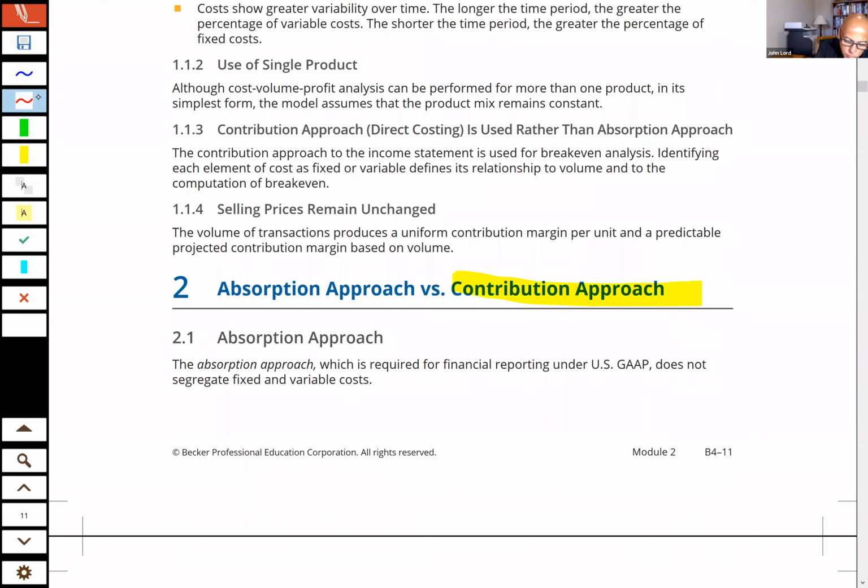Okay, now the contribution approach is not generally accepted accounting principles, but it is better for internal analysis. Internal analysis such as break-even points, that sort of thing.